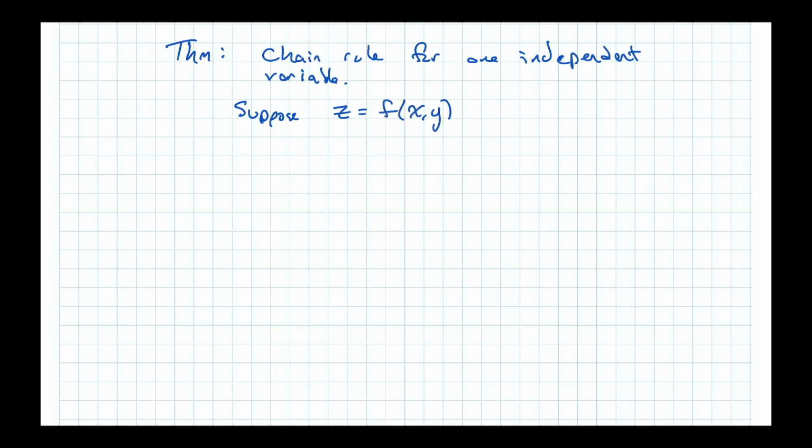But then x and y are also functions. So this is the new thing. x is a function of t, and also y is another function of t, like so. And what we want is the derivative of z with respect to t.